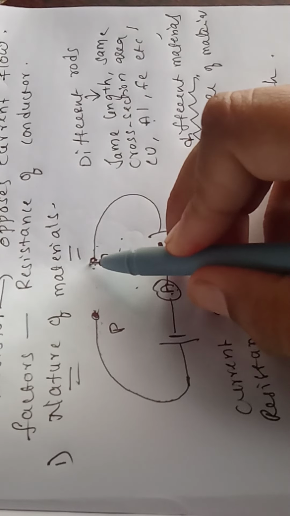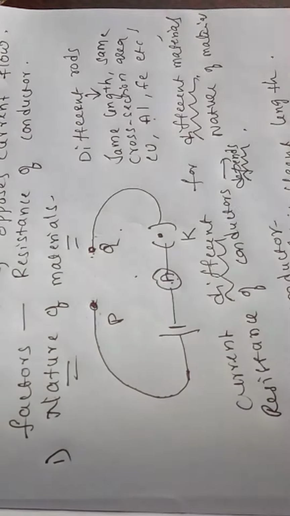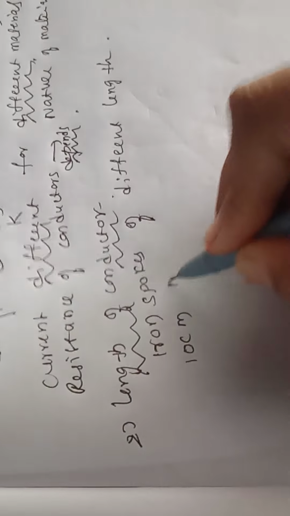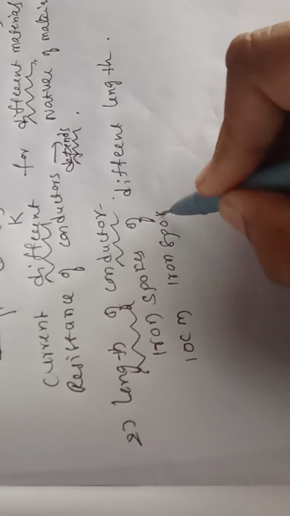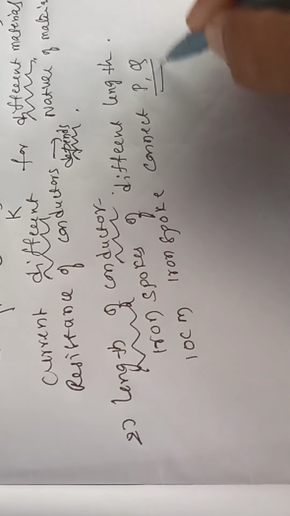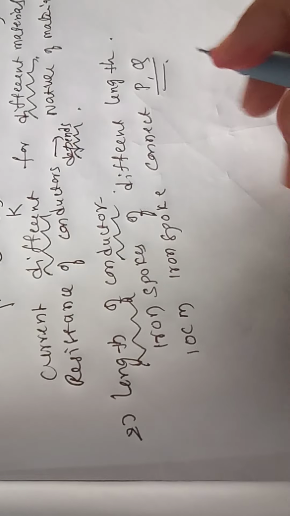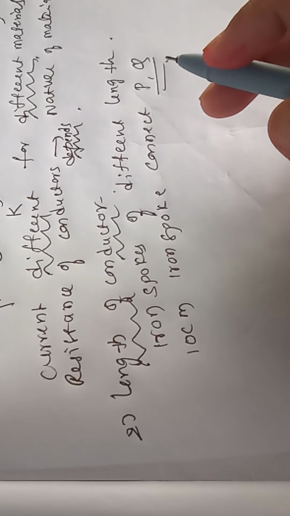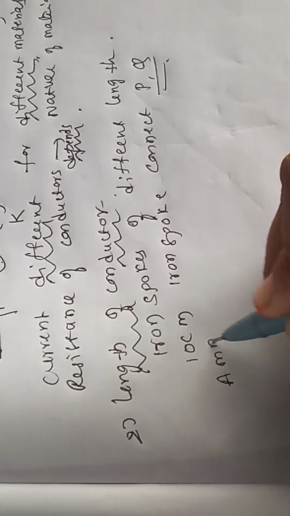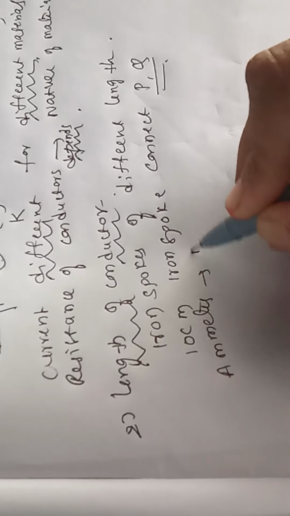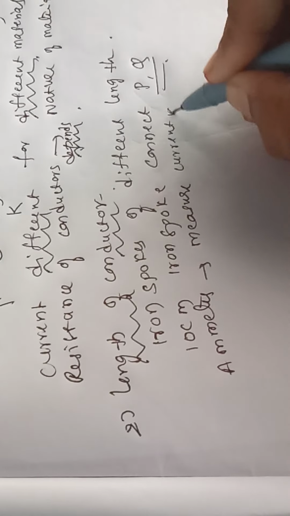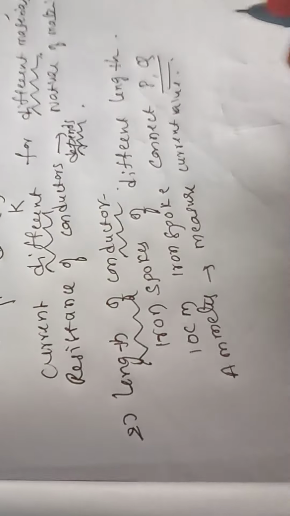Let us take a 10 centimeter iron spoke and connect it between the gap P and Q. Now measure the current value using the ammeter, and note it down in your book.